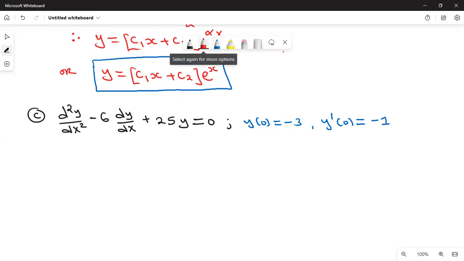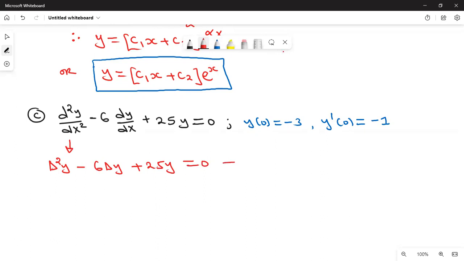So again, let's write this in terms of the d operator. This can be written as d squared y, then minus 6 dy plus 25y is equal to 0. So I can see y is common on the left-hand side.